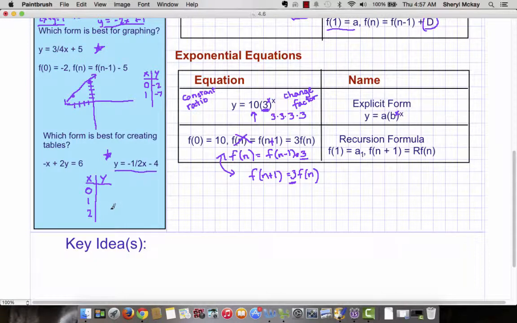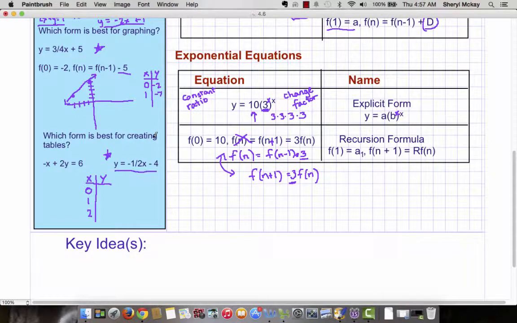But really, probably the best type of form for doing a table is using a recursion. Let's go back up here to this one. Look how quickly and easily it was to do this one, because immediately we know what our change factor is, and we can just add.